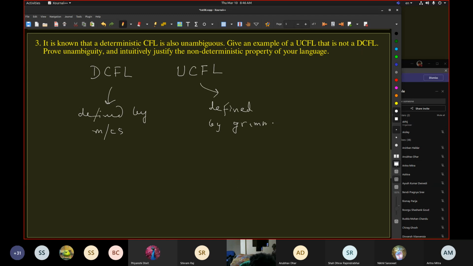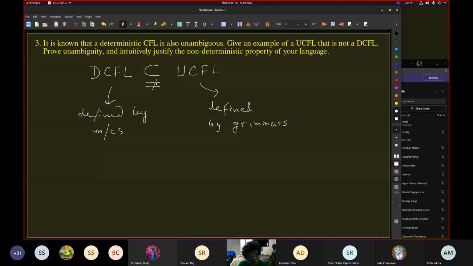Apparently, there is no way to use machines to define this class and grammars to define this class. And there is a relation. I am not asking you to prove this, that if a context-free language is deterministic context-free, then it is also unambiguous context-free. But this inclusion is proper.